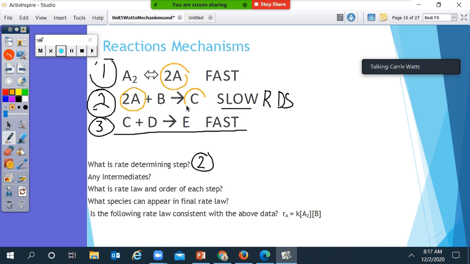We've got C on the right, and C on the left. So it asks us if there are any intermediates. Well, an intermediate, again, is produced and consumed in the reaction. So 2A is definitely an intermediate, and C is as well. So we actually have 2 intermediates here.